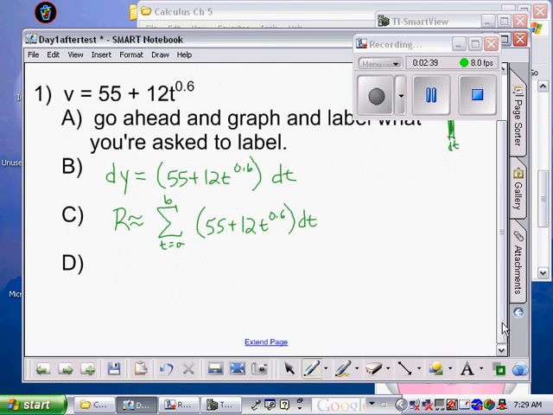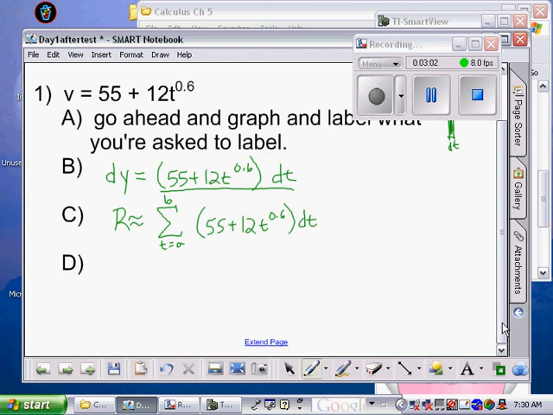So the basis, this piece right here, stays the same for the next problem. But we're writing a general equation. And then part D says write an expression for the exact displacement you get by adding up all the dy's and taking the limit as dt approaches 0.